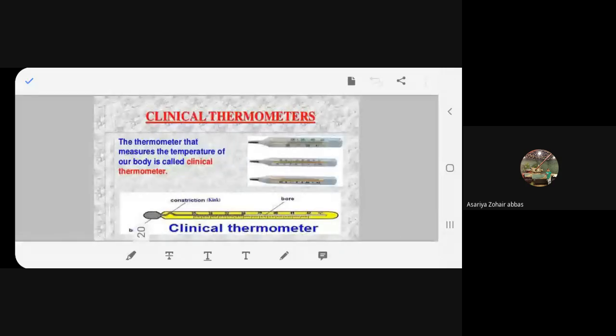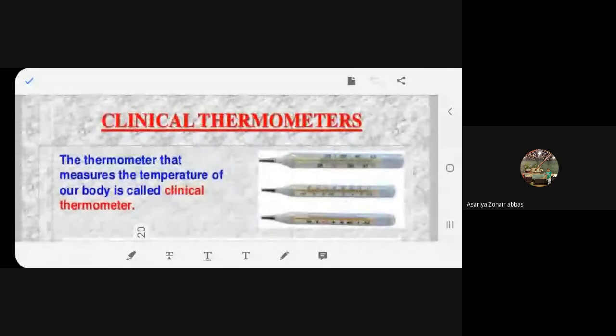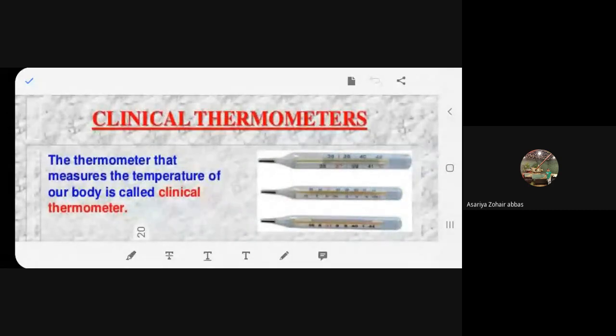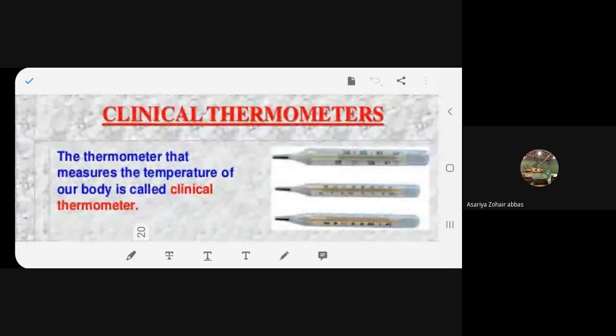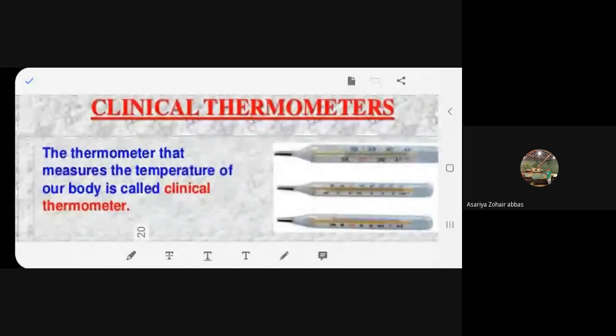Understood. Now we are going to work on two types of thermometers. One is clinical and the next one is laboratory thermometers. The thermometer that we use for measuring the fever, the temperature of our body, is called a clinical thermometer. What is it called, beta?